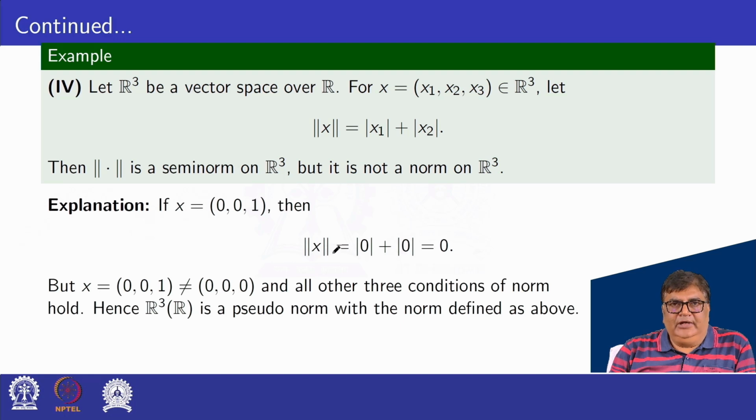So norm x is 0, but x is not 0. Therefore, norm x is equal to 0 with x not equal to 0. Hence, R cube with this norm is called a pseudo-norm.